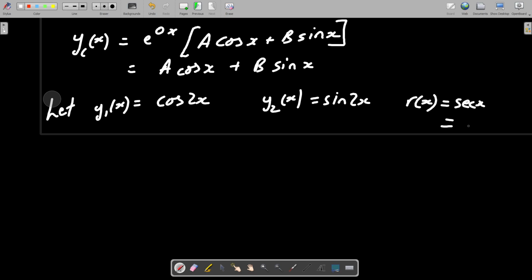Keep in mind sec x is nothing but 1 upon cos x. Oh sorry, this is not 2x, this is just x. Sorry about that.